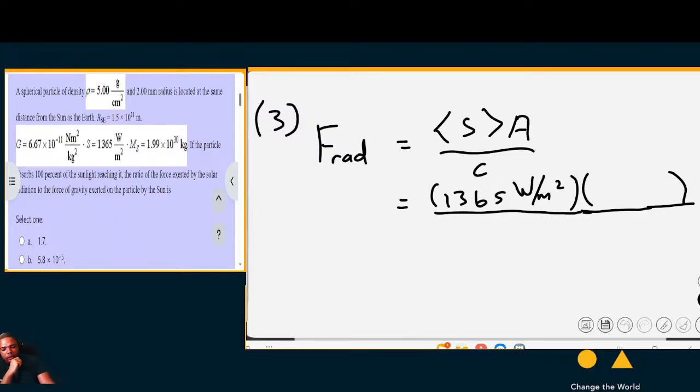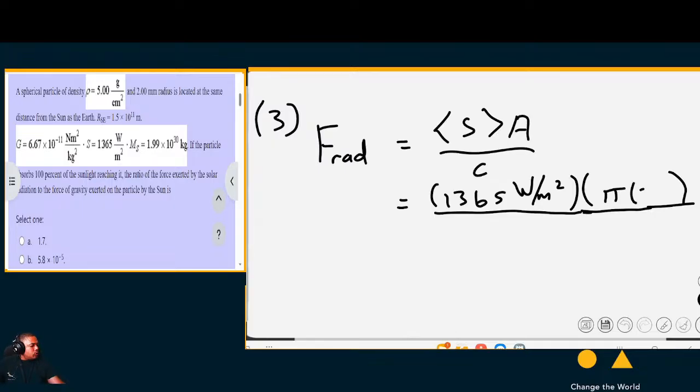The area is the cross-sectional area of this particle. Now the cross-sectional area of a sphere is a circle. If you cut a sphere in half, its cross-section is a circle. So the area of the circle would be pi times the radius squared. They give us the radius: it has a 2 millimeter radius.